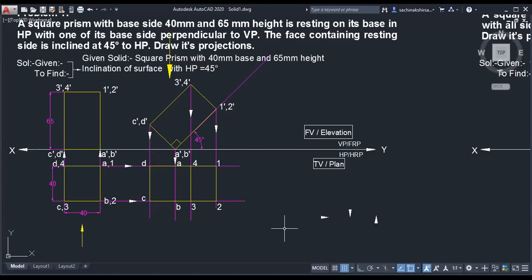Okay, A to B, only the A to B side is not possible to see. A to B is dotted, this is dotted. Why?